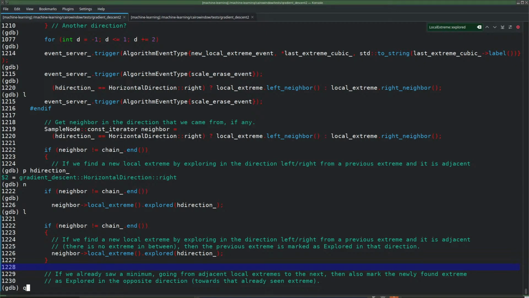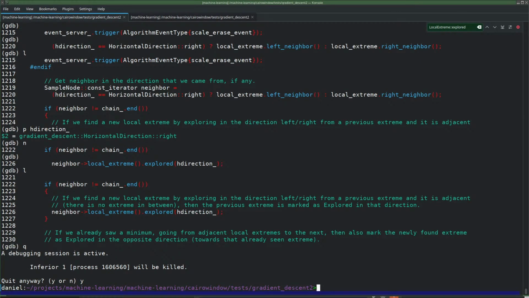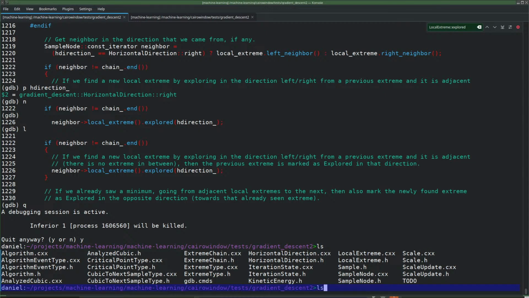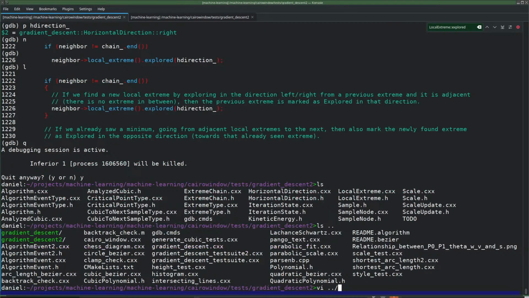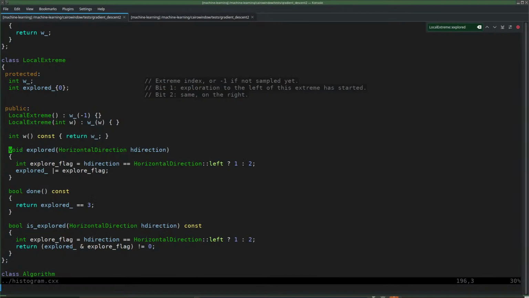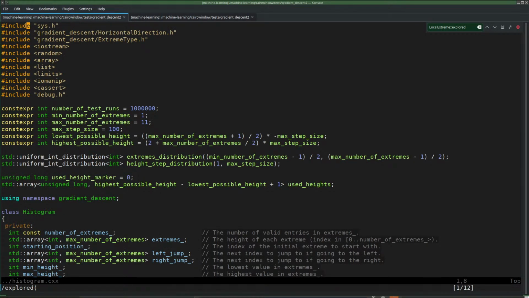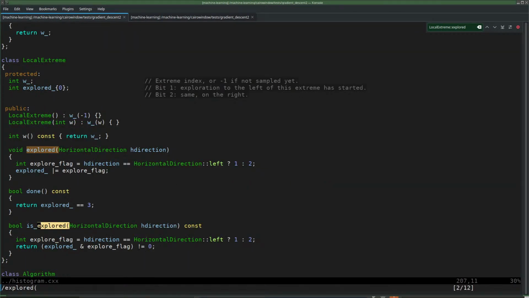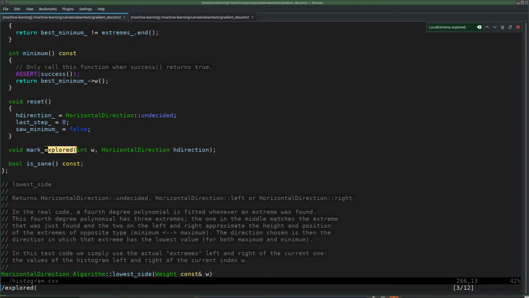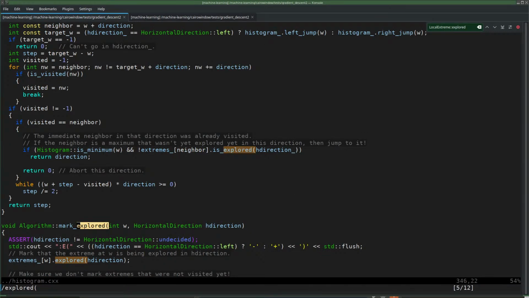Maybe the best thing to do is look at the histogram again for this very specific thing, and then hopefully understand what it is doing. Explored is called from mark explored.